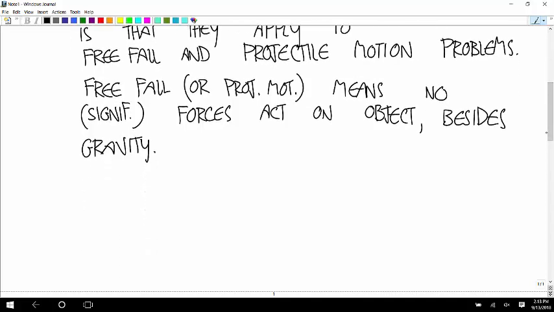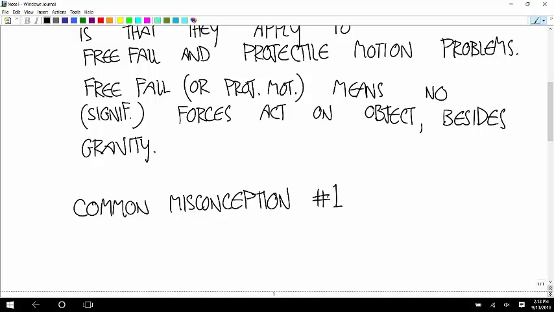And so this brings up the first common misconception of this class, and I want to really focus on these. Common misconception number one.